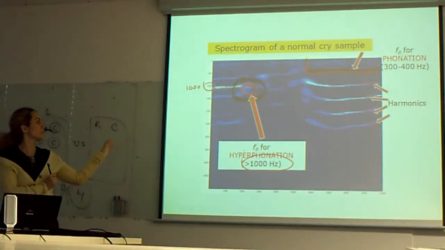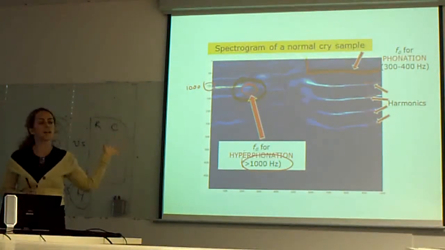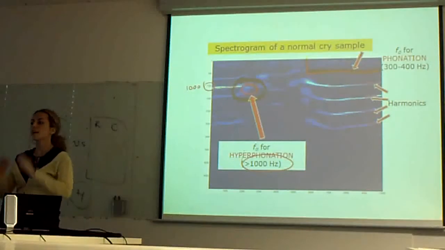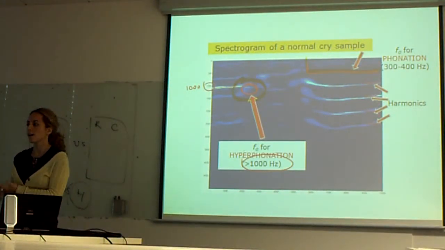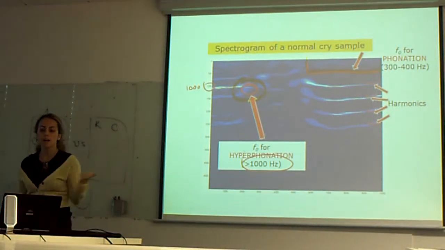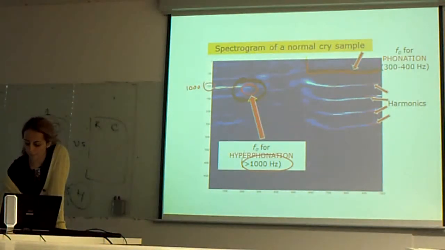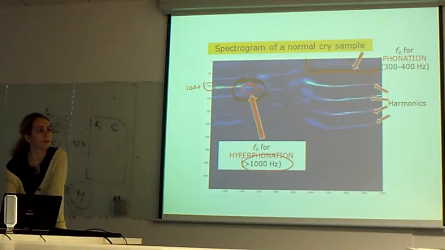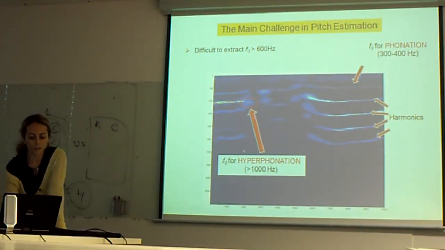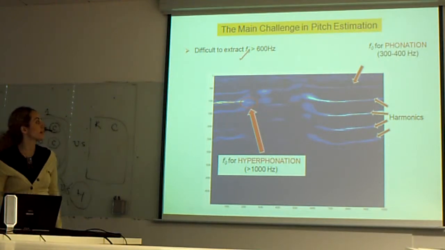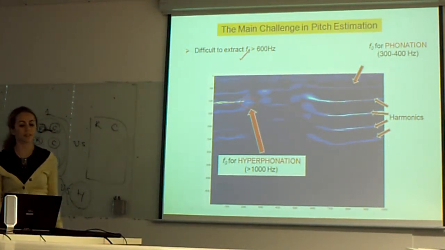Usually all of the pitch estimation works very well below 700 hertz because they are designed for human adults, not for babies or infants. So this is one example of the pitch, and you can see that it's very difficult to extract the fundamental frequency over 600, 700 hertz.